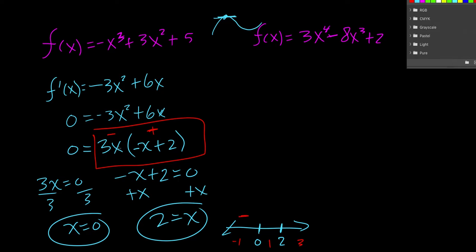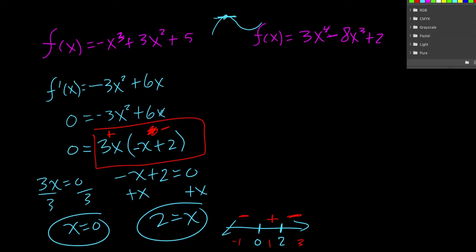Now if I plug in a 1 right here, 3 times 1 is going to be positive. If I plug in a 1 right here, 2 minus 1 is going to also be positive. And so positive times positive gives me positive. If I plug in a 3 here, I get a positive. If I plug in a 3 here, -3 plus 2 would give me a negative answer. Positive times negative is negative.